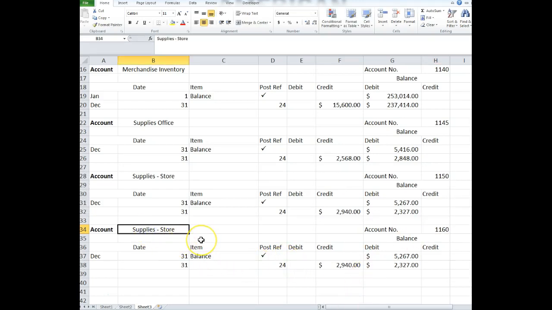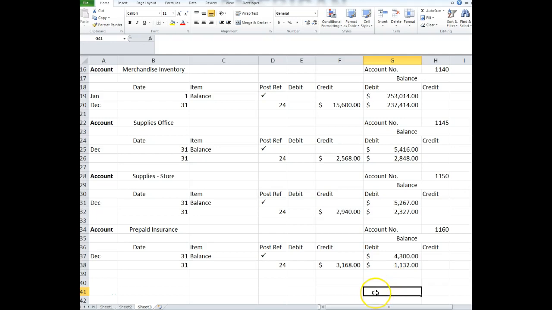$11.60. This one is for prepaid insurance. So at the beginning of the year, we had $4,300 worth of insurance. After our adjusting entries on our prepaid insurance, our balance at the end of the year is $1,132.